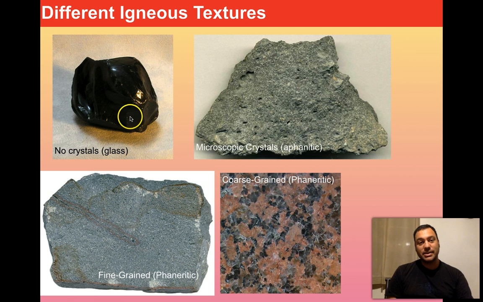In fact, this one doesn't even have crystals, so by definition I can't call it a rock, because a rock is made of two or more minerals. I have no minerals because I have no crystals in here. But here I have microscopic crystals, and then here I have visible crystals, all with the same composition. So it turns out crystal size has a major effect on what it looks like in the field.